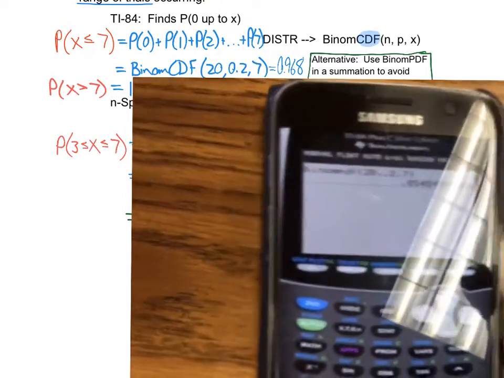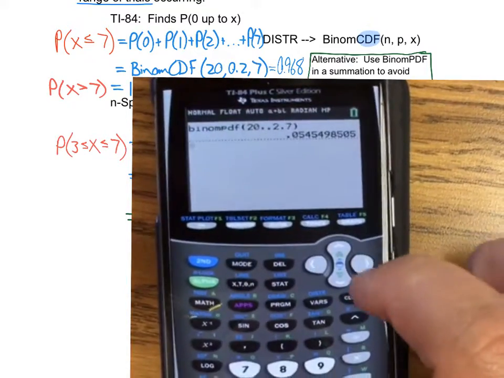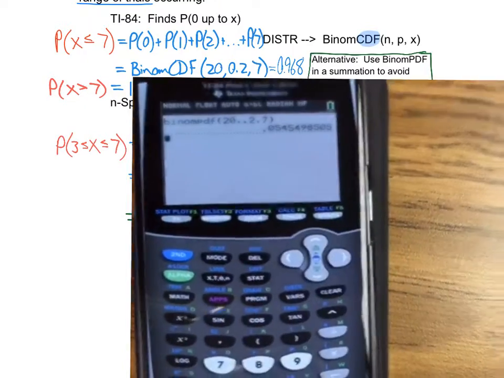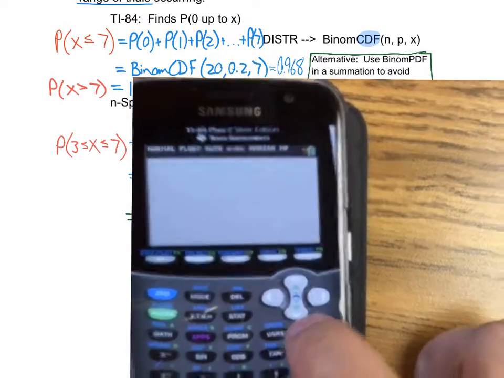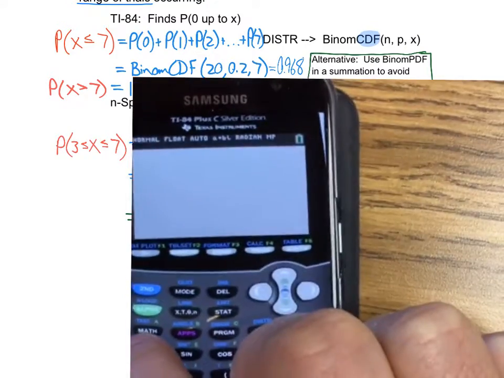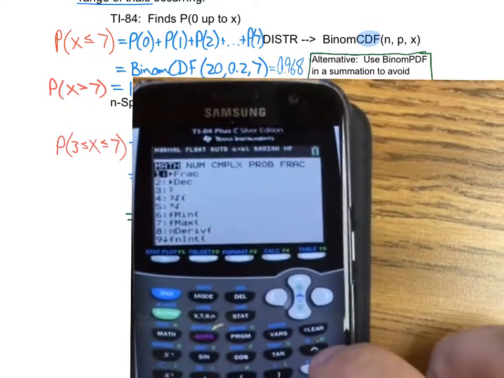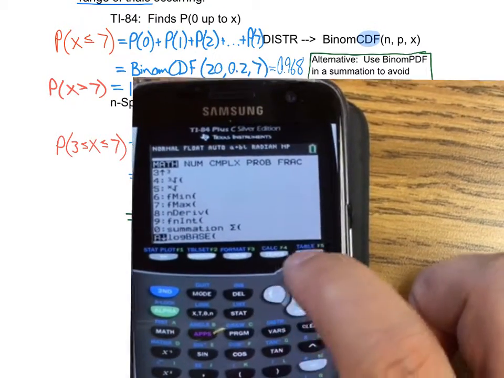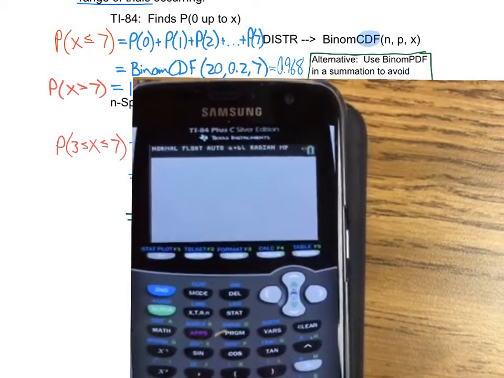Okay, so we're going to do the probability that we get between 3 and 7 people who get enough sleep. I'm going to clear this. Under math, first of all, is your sigma notation. Math, go down to 0, and you get your summation.